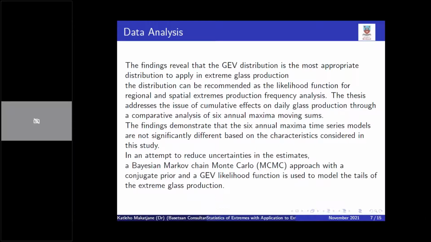And in an attempt to reduce uncertainties in estimates, a Bayesian Markov chain Monte Carlo approach with the conjugate prior and the generalized extreme value likelihood function is used to model the extreme glass production.